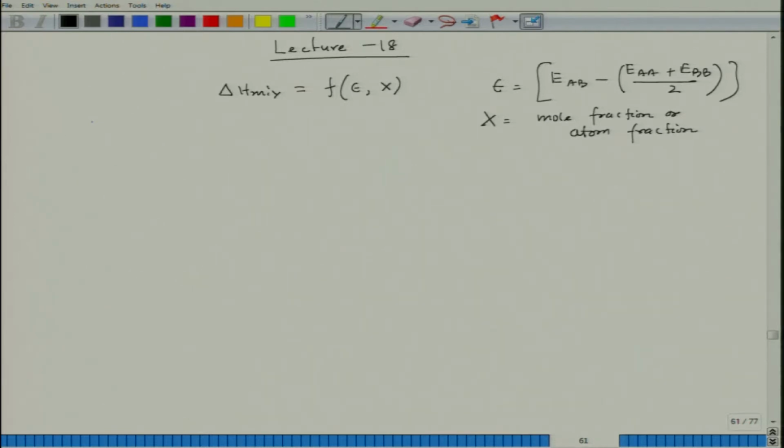Now, it can be expressed in terms of XA or XB, with reference to A element or B element.